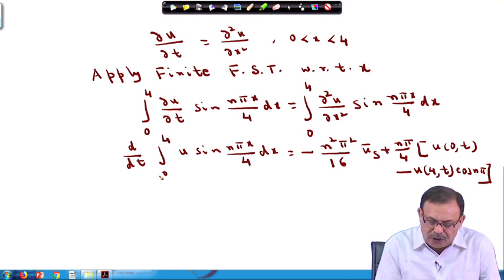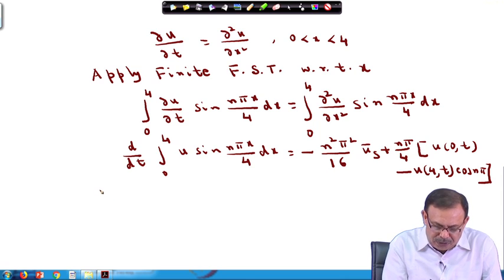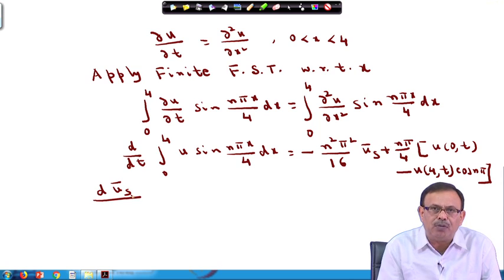Now the left-hand side: the integral from 0 to 4 of u sin(nπx/4) dx is nothing but ū_s, the finite Fourier sine transform of u. So on the left-hand side we can write dū_s/dt, where ū_s denotes the finite Fourier sine transform with respect to x.